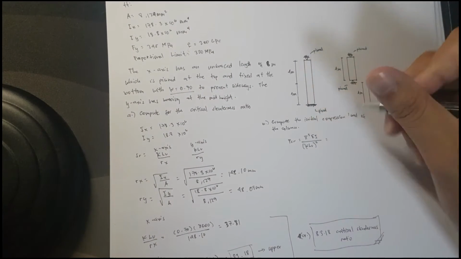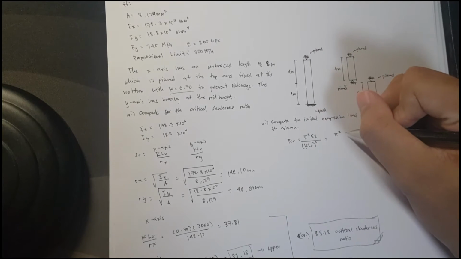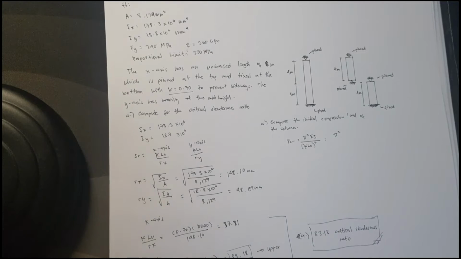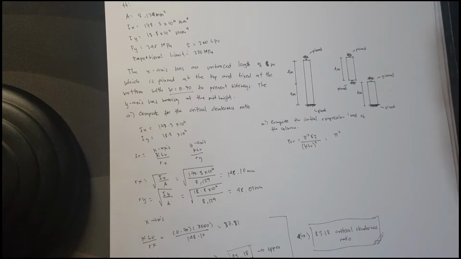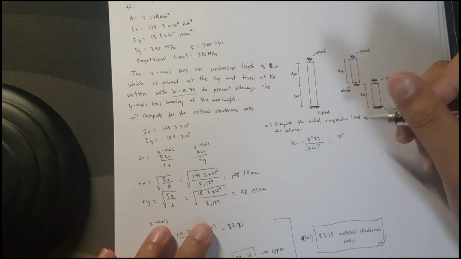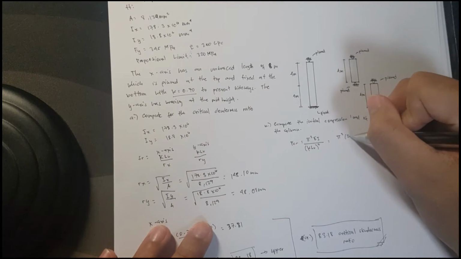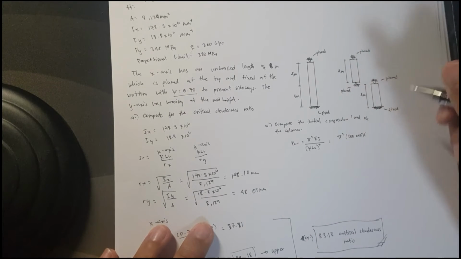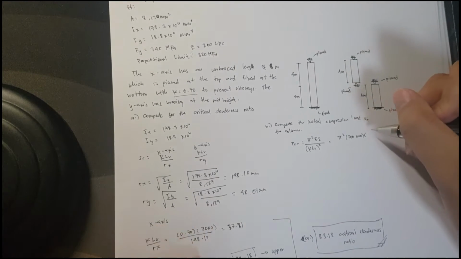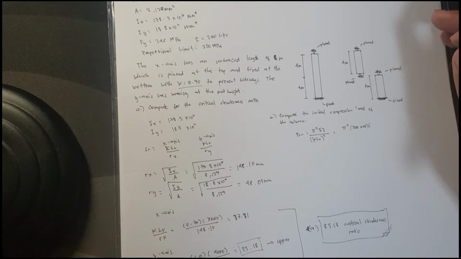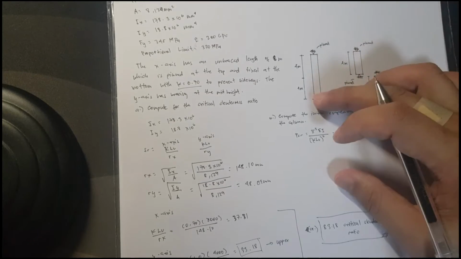So pi squared natin times E. Ano yung E natin? Yung 200,000, times gagamitin natin na I is moment of inertia with respect to y.